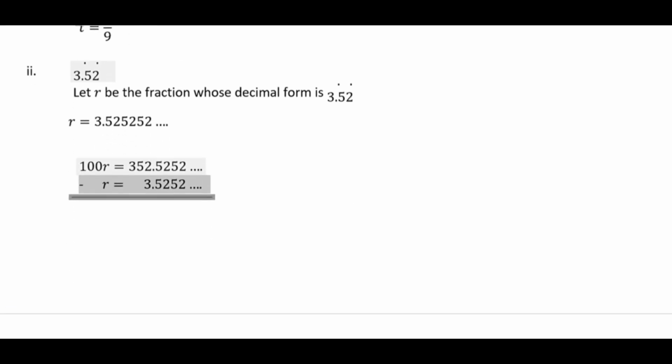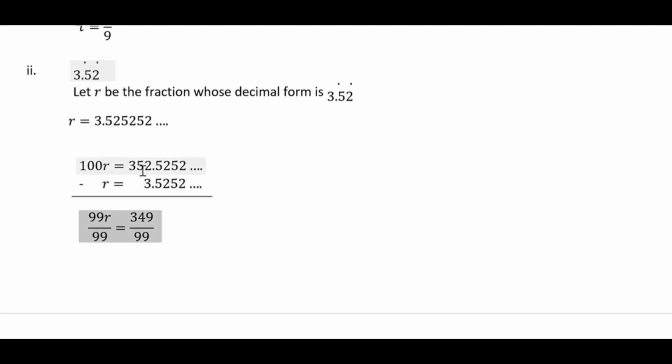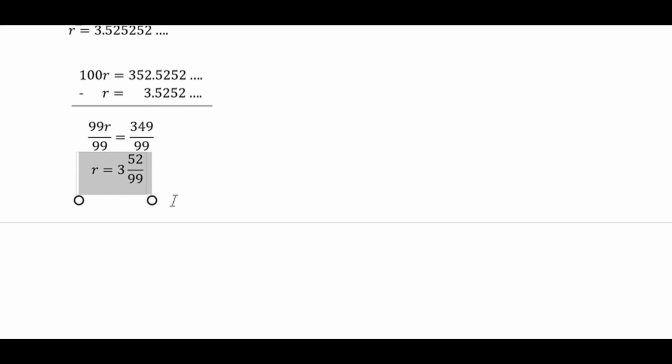When you do that, this will give you 99r being equal to 352.5252 minus 3.5252 will give you 349. To get r, divide both sides by 99, and when you do that, you will get r being equal to 3 and 54 over 99.